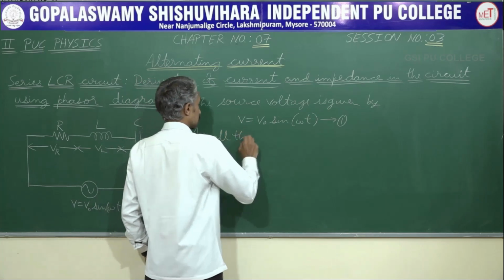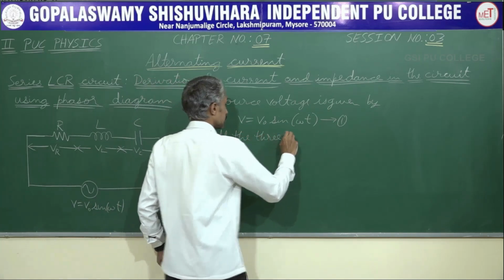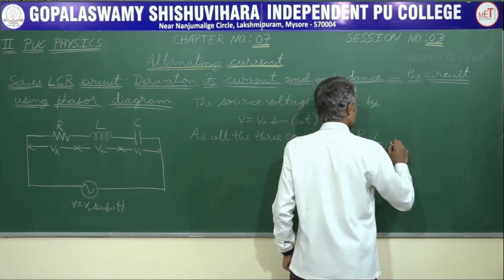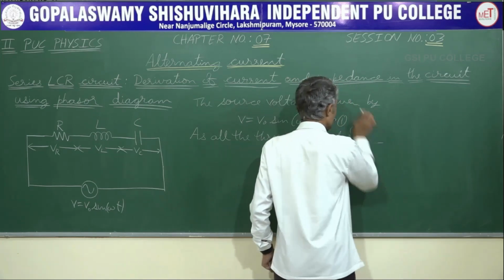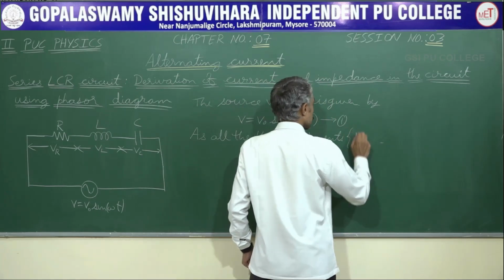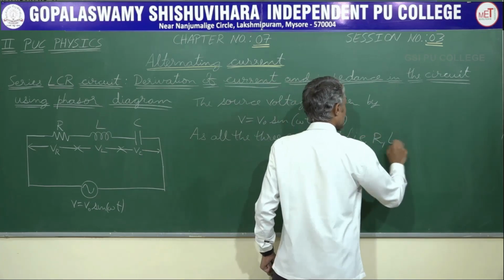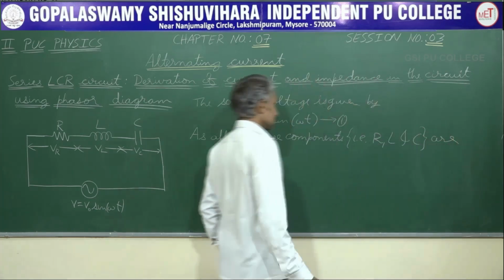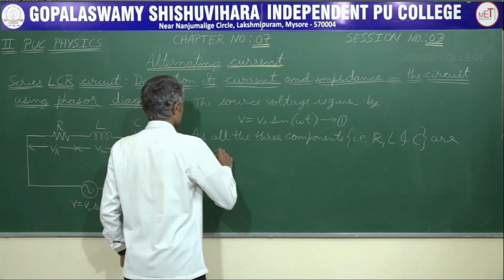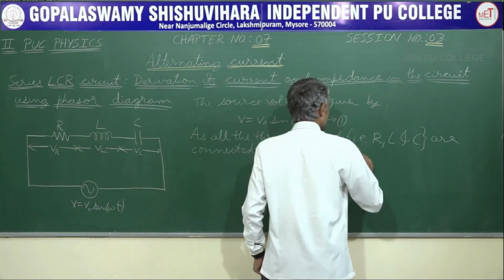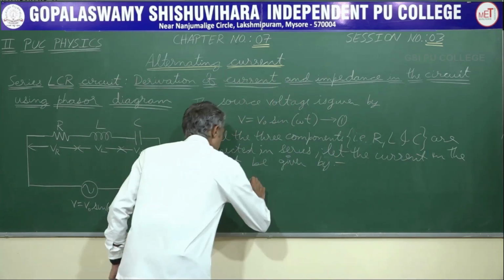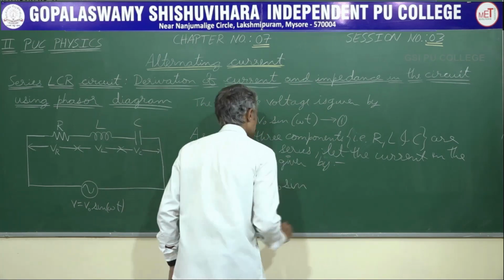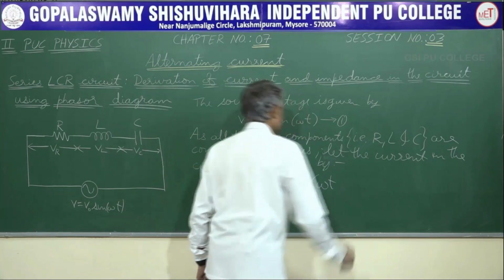As all the three components, that is the resistor, the inductor and the capacitor, are connected in series, let the current be I is equal to I0 into sin of omega t.